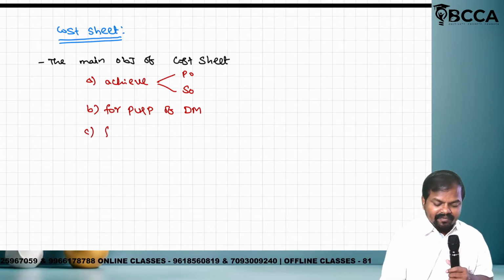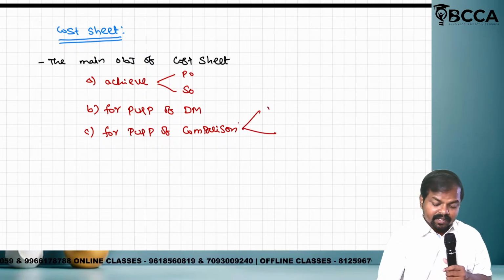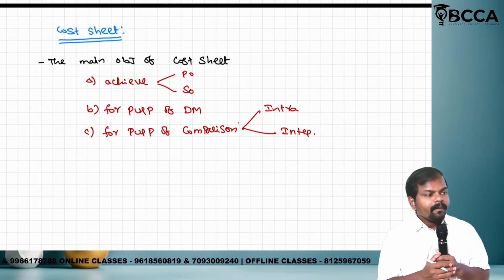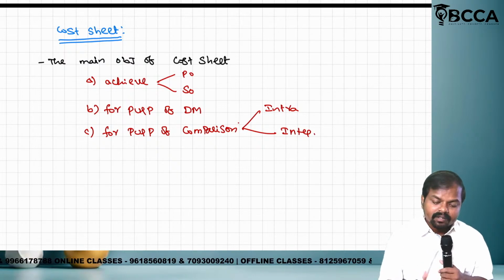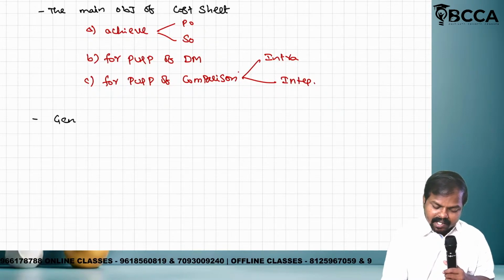Next, for purpose of comparison. Comparison has two types: intra-firm comparison, inter-firm comparison. These are the main objectives of what? The main objectives of cost sheet.